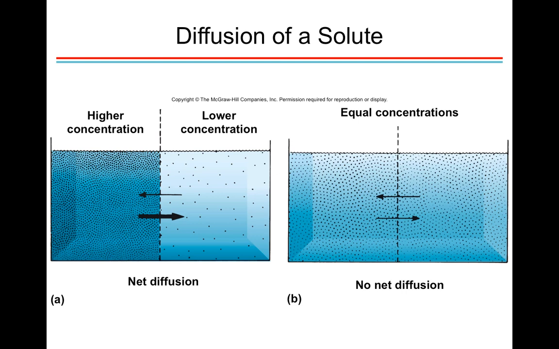So I just want to be clear that even when there's equilibrium, there is movement. However, there's no net movement, meaning that things are going to be staying relatively constant between the two compartments. Again, the critical thing is that in these compartments, this barrier is allowing for the movement of these particles between the two compartments.